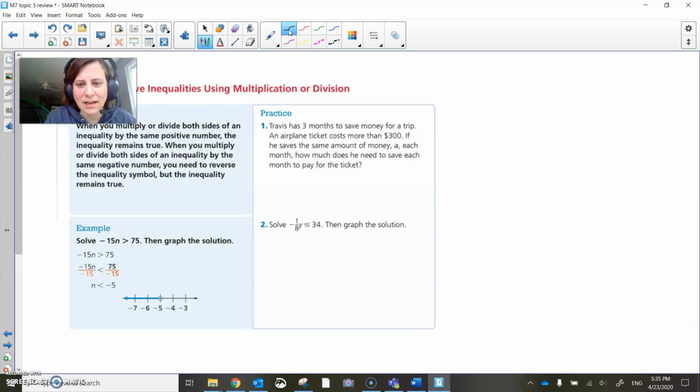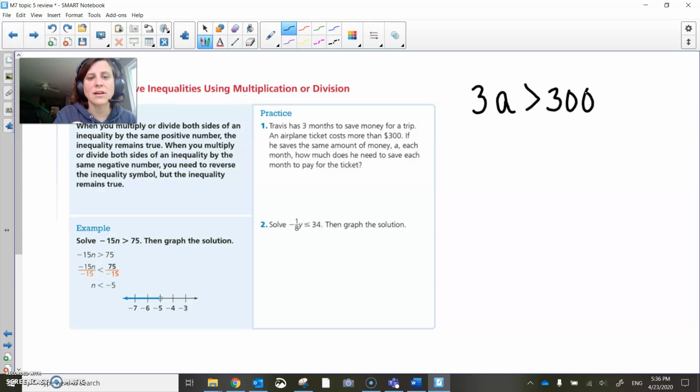So let's say if he saves the same amount of money, A, each month, how much does he need to save each month to pay for the ticket? If A stands for how much he saves in a month, and he's going to do that for 3 months, and he wants his total to be more than $300, then we're going to solve this the same way we would solve it if it was an equal sign, honestly.